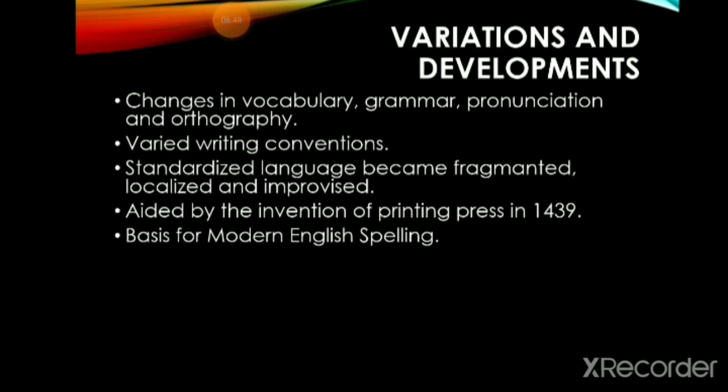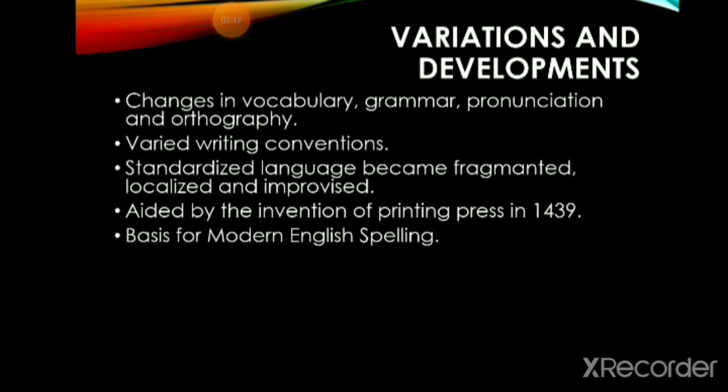Writing conventions during the Middle English period varied widely. Examples of writing from this period that have survived show extensive regional variation. The more standardized English language became fragmented and localized, and was, for the most part, being improved by the end of the period, aided by the invention of the printing press.